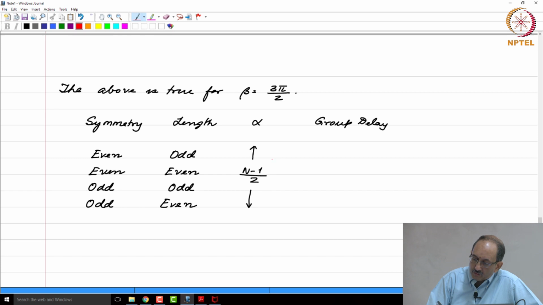The first two cases correspond to beta equal to 0. The second two cases correspond to beta equal to pi by 2.